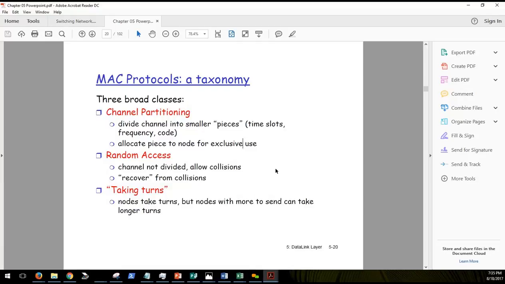How about TDMA? What is TDMA? Time division multiple access. Which of the three is this? Channel, random, or taking turns? It's channel.